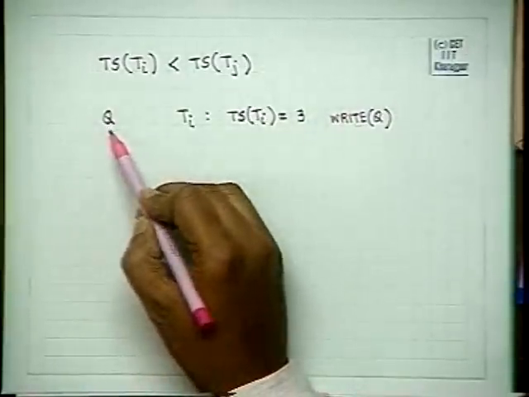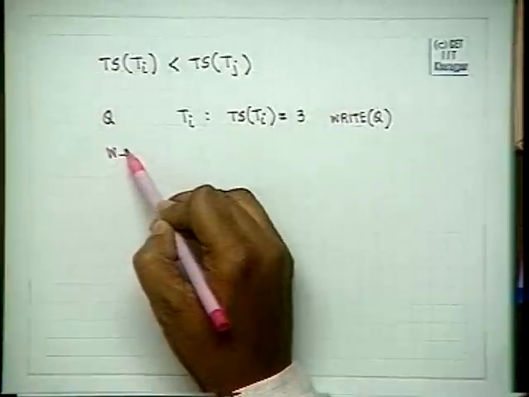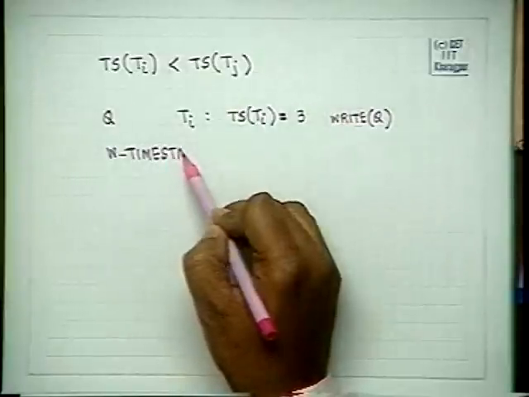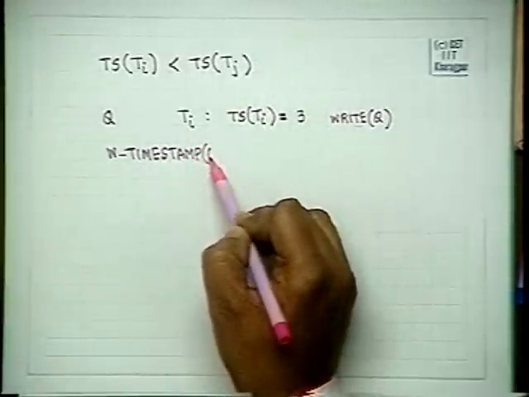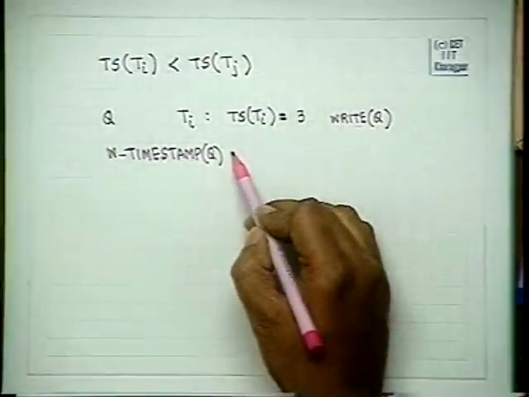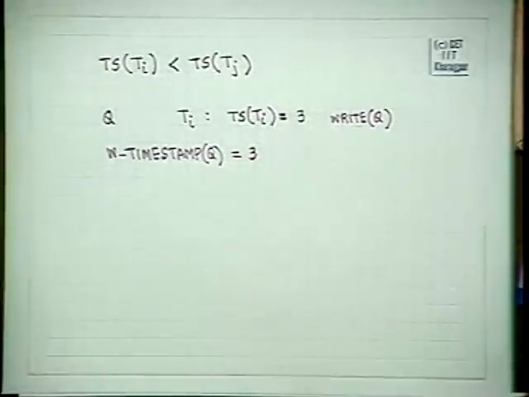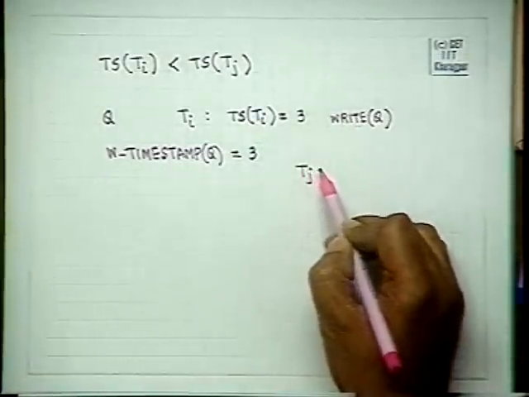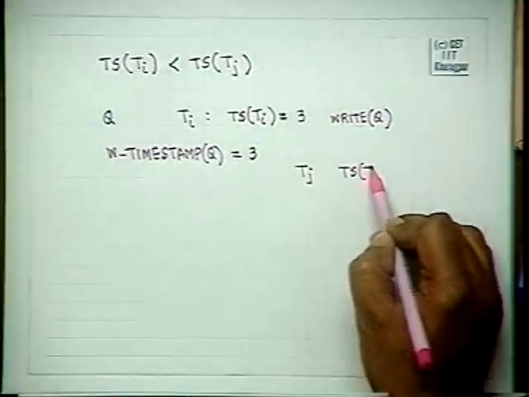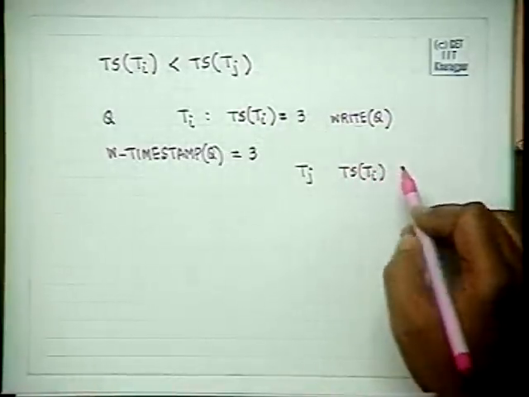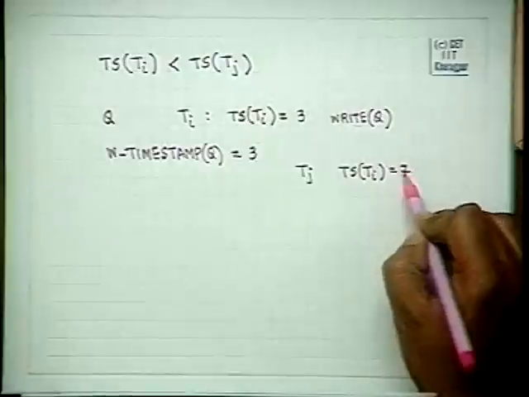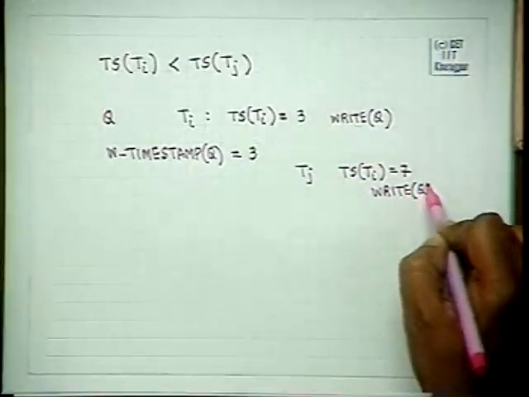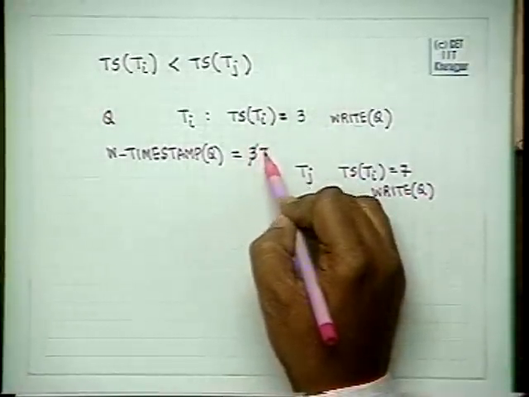Then we will have W-timestamp(Q) equal to 3. After some time, if another transaction Tj with TS(Tj) equal to 7 executes write(Q), then this value will now become 7.